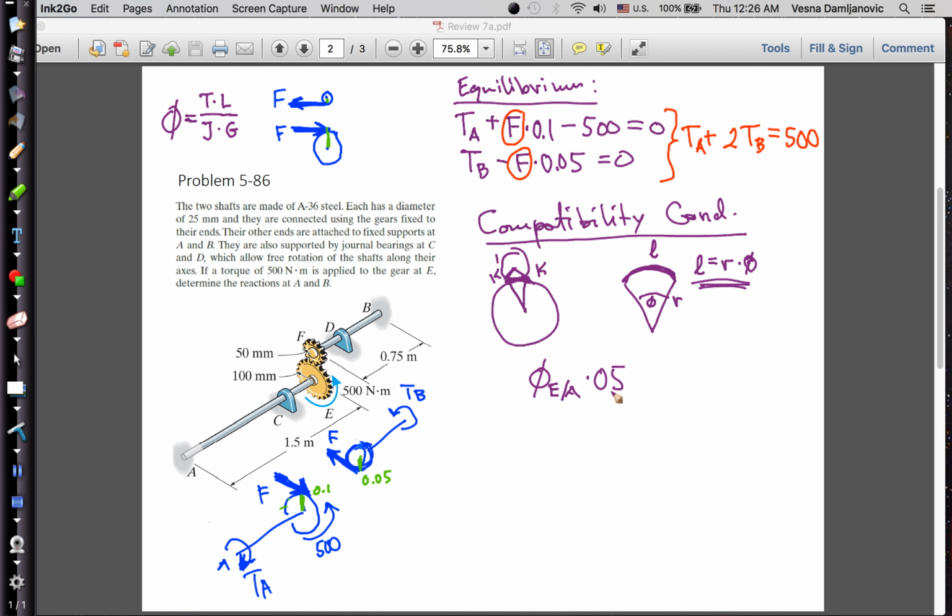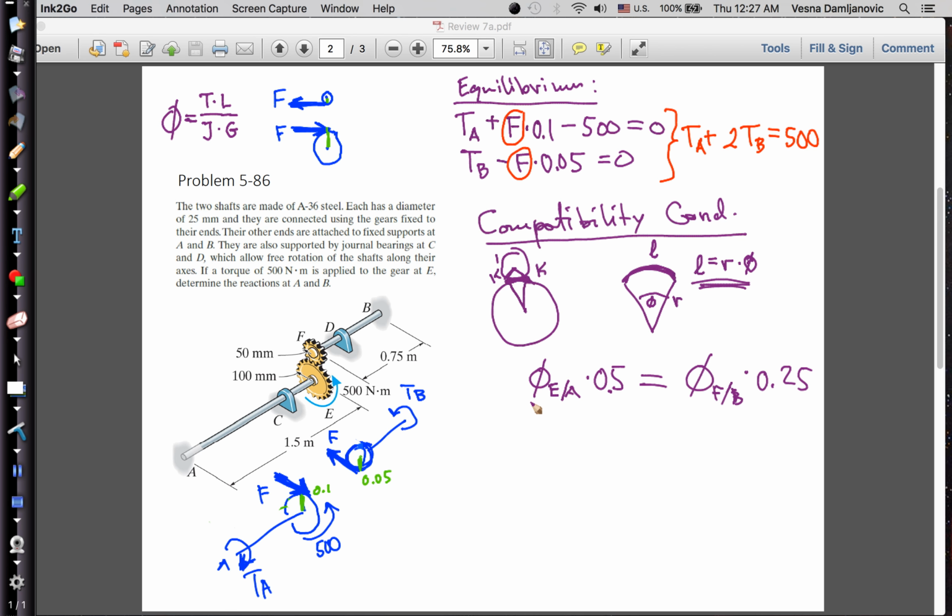And that should be equal to that same arc length on the little gear, which is the angle of twist of this shaft, from F with respect to B, times the radius of the little gear, which is half of 50, which is 0.25. All we have to do now is write these two twist angles.